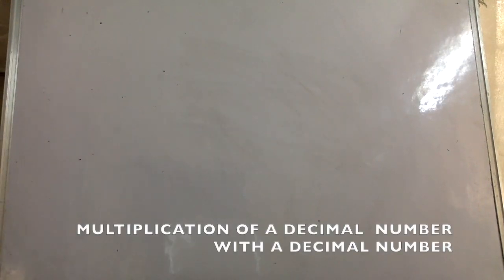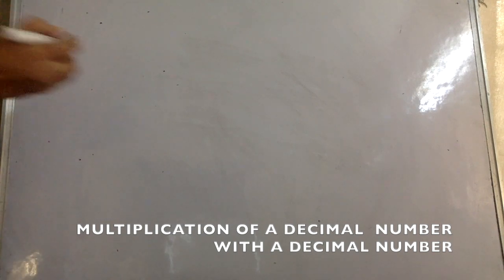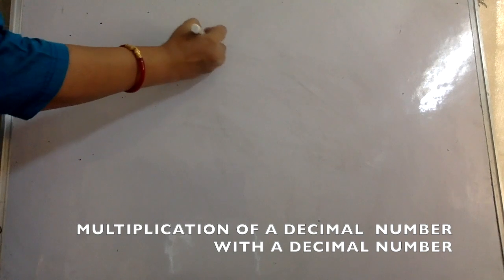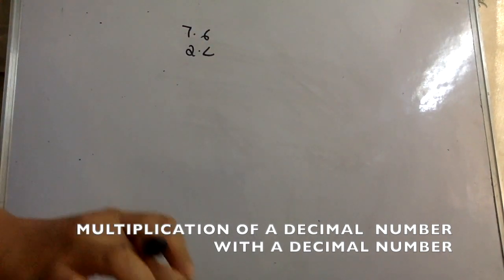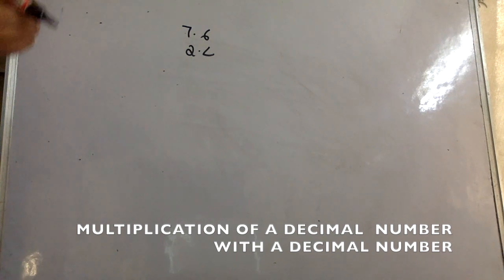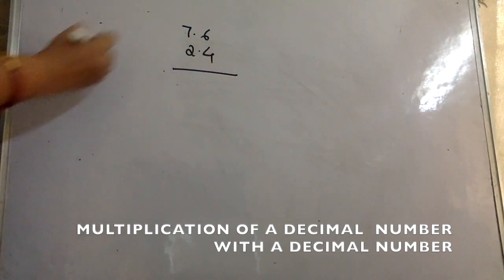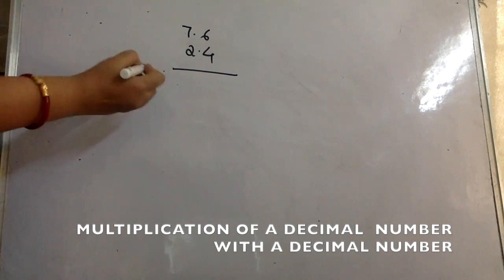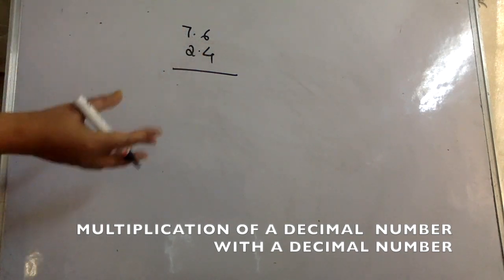Now we'll be doing multiplication of a decimal number with a decimal number. So that is 7.6 and 2.4. What do we do here? Here, let me do a regular multiplication once again.